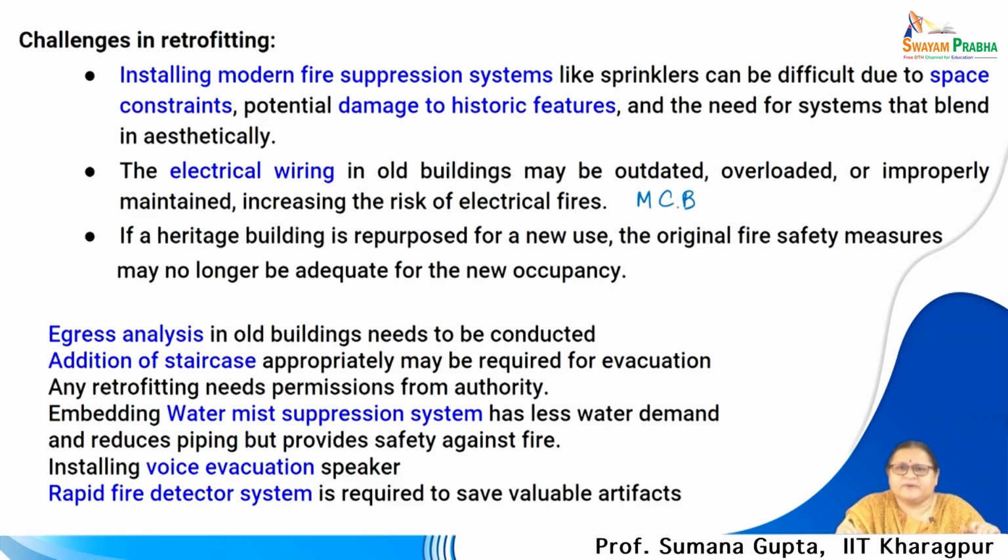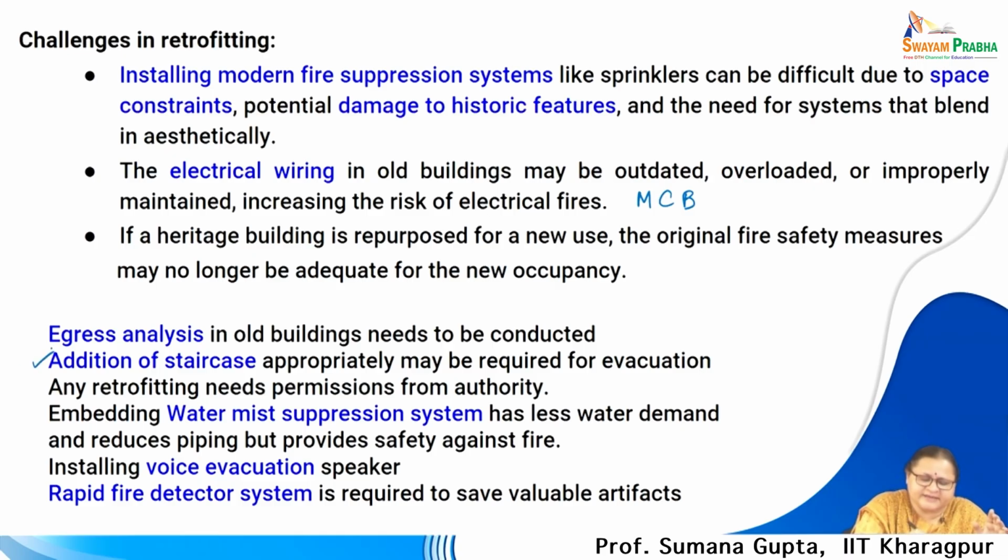If it is repurposed for some other use, like many heritage buildings go for a retrofitting to a restaurant or to a library or to a public space, proper fire safety measures should be taken before it is taken up for new occupancy. Egress analysis should be done.